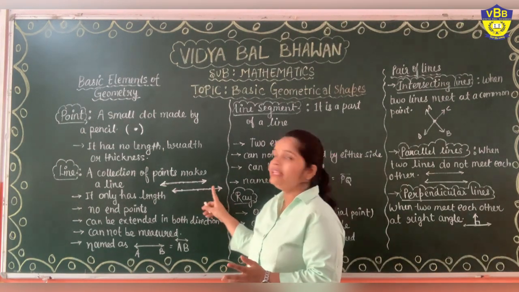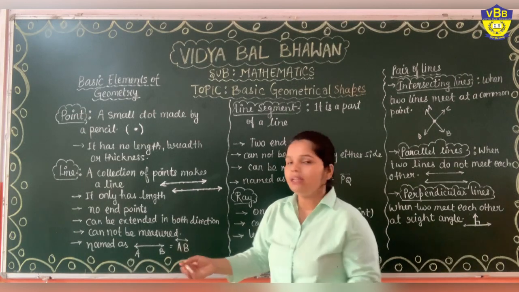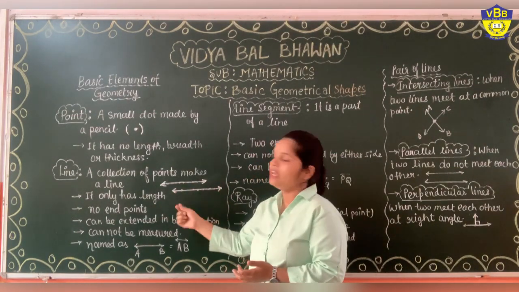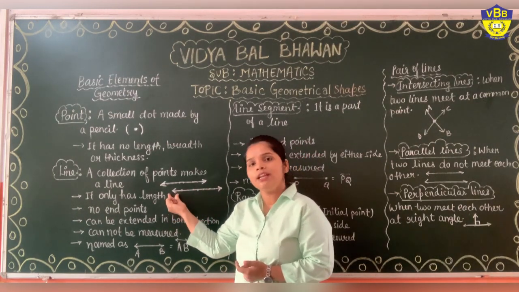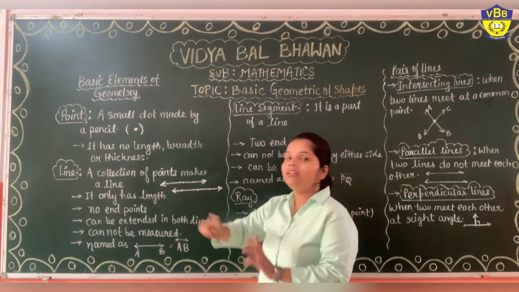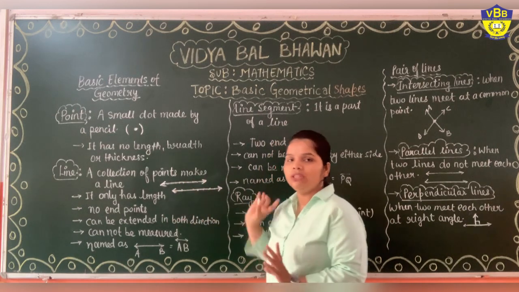If I want this line to be a little longer, I can extend it from either side. So, a line has no endpoint. It can be extended from both sides.